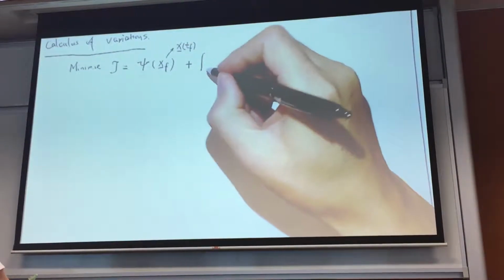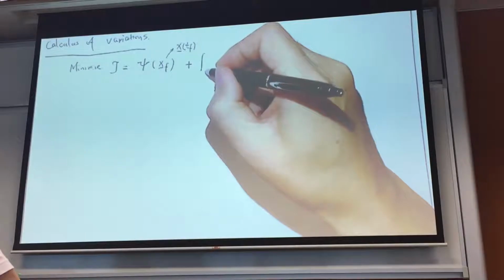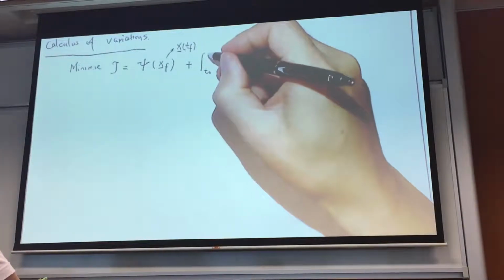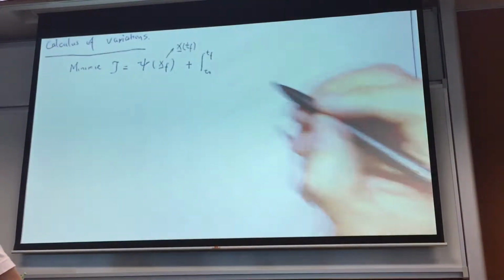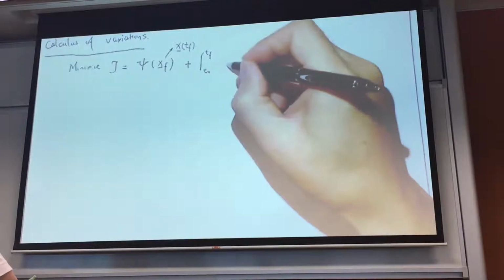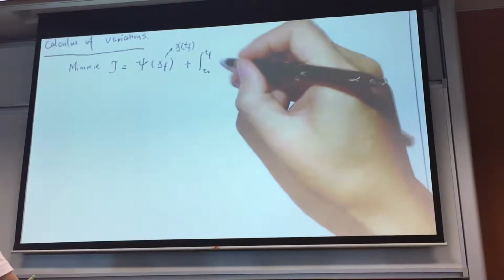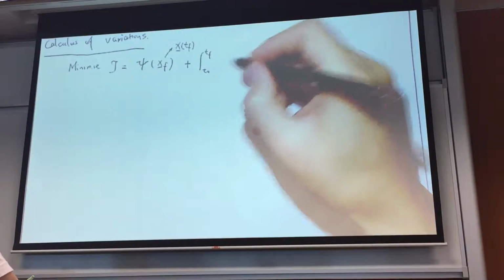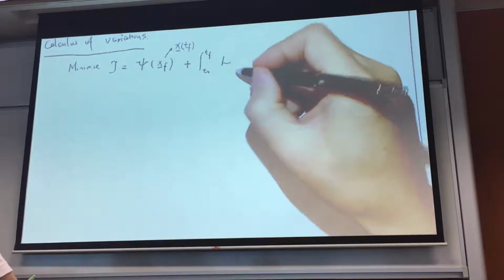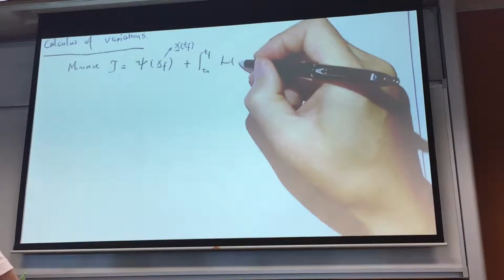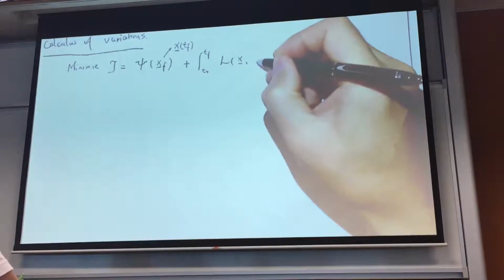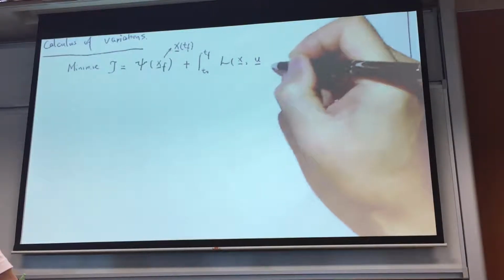Plus the second part. The second part represents some quantity from the starting time to the final time. So we use a function to model this. For example, this would be a function to represent energy, to represent distance, etc. So we use an L. The function will be in terms of the state vector and the control input.